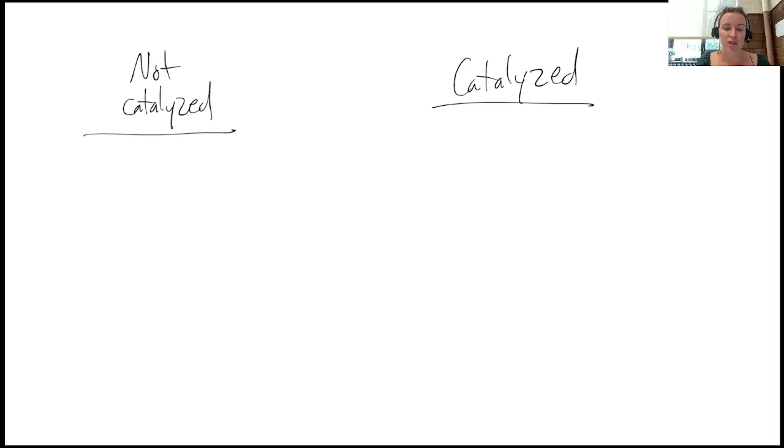So in this reaction, what's going to happen is a decarboxylation of acetoacetate. So we can imagine that if this reaction were to be happening in a way that was not catalyzed, we'd end up with an intermediate that was charged.